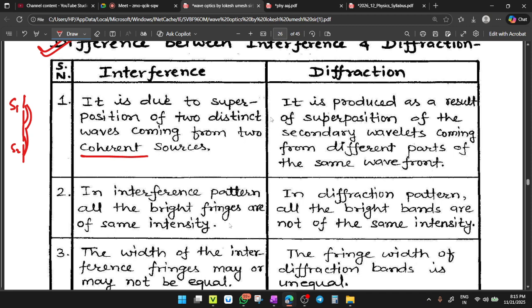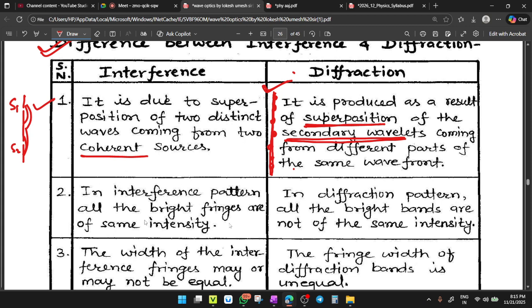From a single wavefront there are so many wavelets, and when they interfere, these are called secondary wavelets. So in interference there are two wavefronts, but in diffraction there is only a single wavefront.